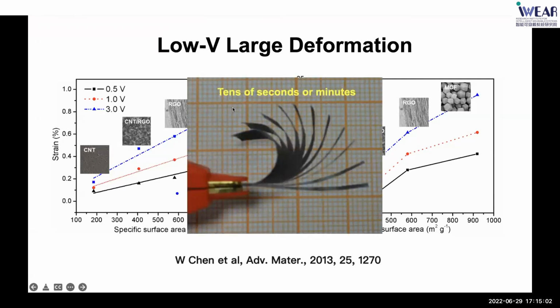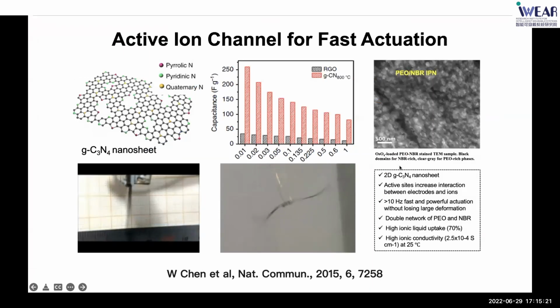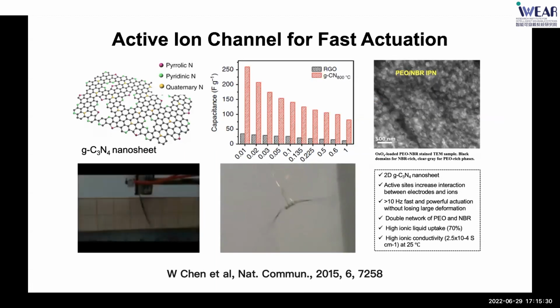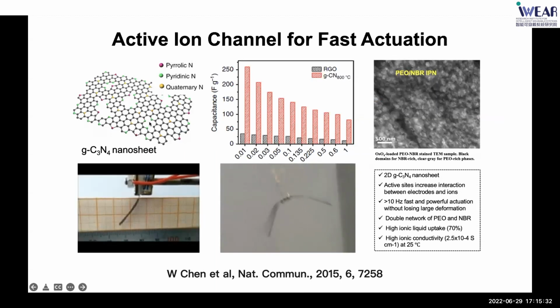However, this picture shows we can easily achieve large deformations, but the large deformation usually needs a long time, such as tens of seconds or minutes. In order to address this slow issue, in our lab, we use another kind of electrode. It's a kind of two-dimensional graphitic carbon nitride nanosheet. You can see the nanosheets have many active sites.